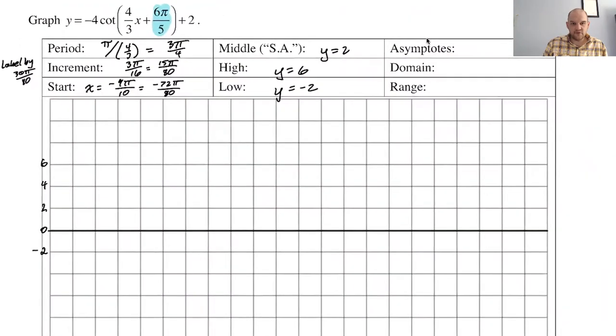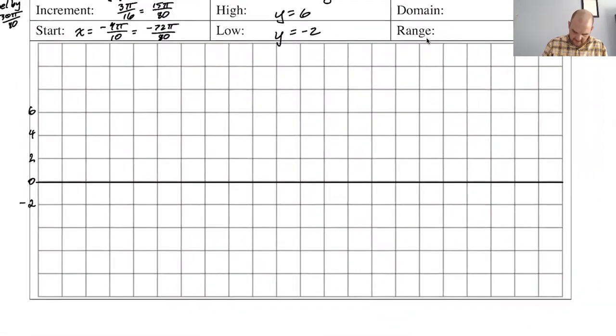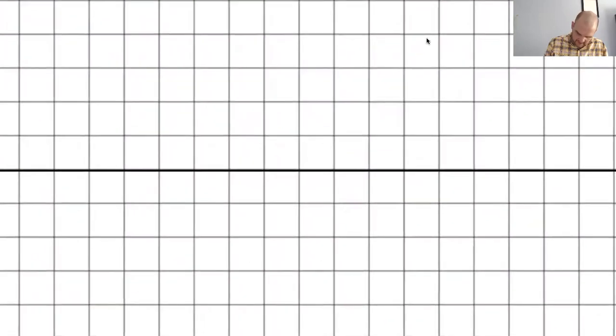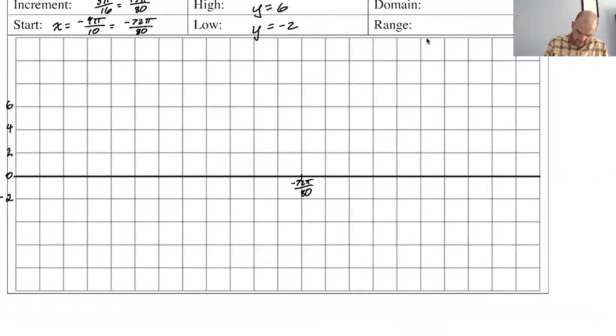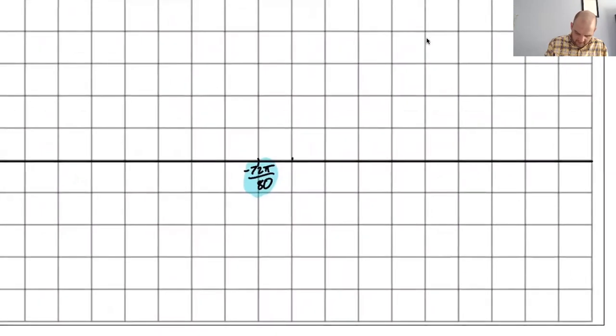And then our starting point is negative 72 pi over 80, which I will put right here. All right, then we go by 30s. Use every box as an increment, but only label every other. So this will be negative 42. And then negative 12.